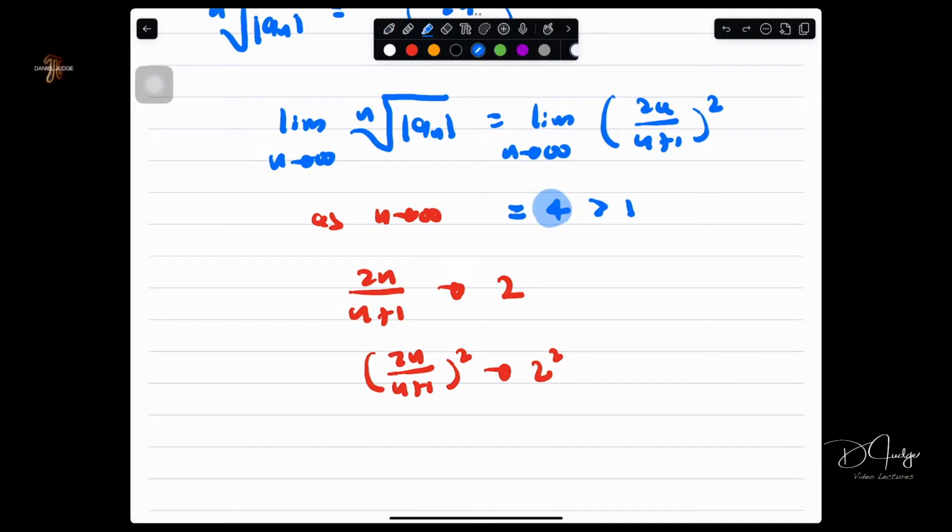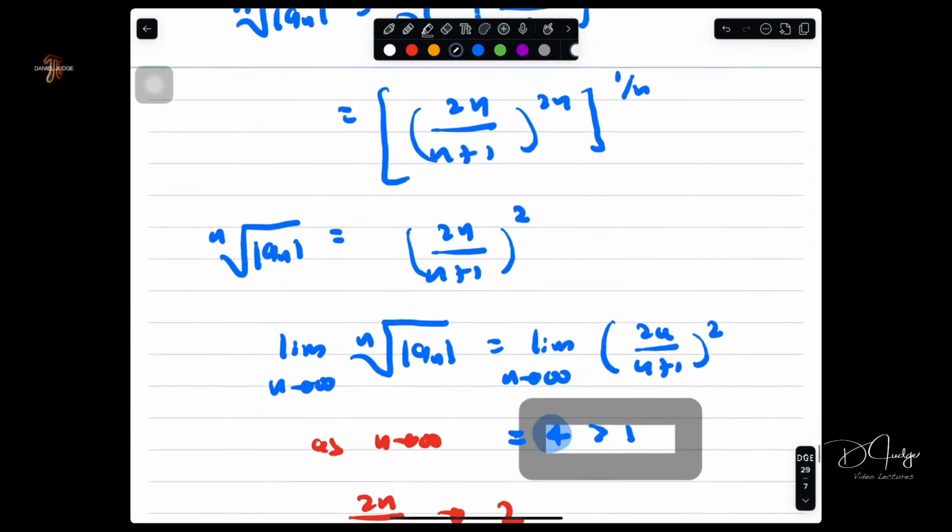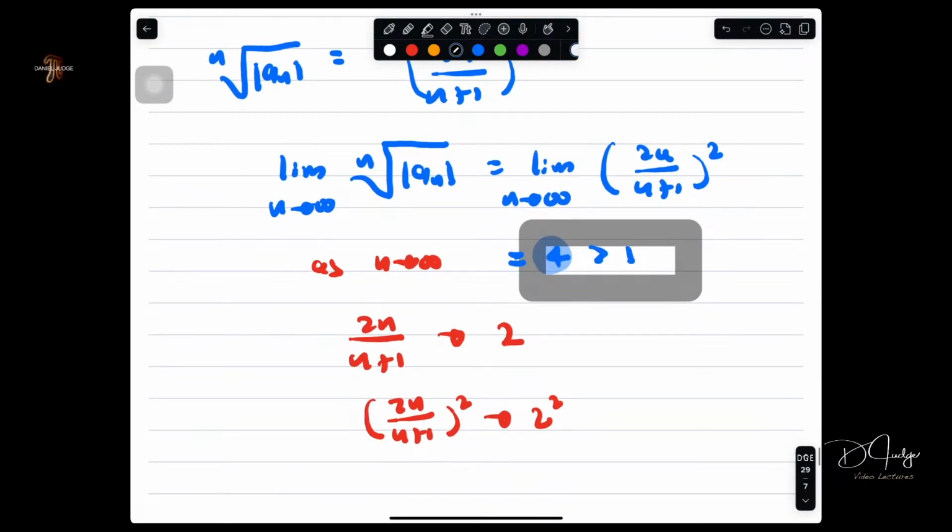If it was under 1, we have absolute convergence. But because that number is bigger than 1, we have divergence. So this is a divergent series, ladies and gentlemen.